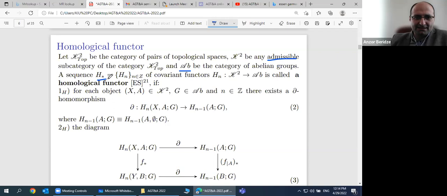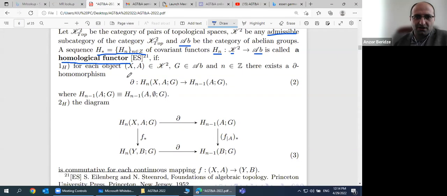If we take a sequence of abelian groups, where for each n, Hn is a covariant functor from our category to the category of abelian groups, then such a sequence is called a homological functor if we have the following: for each pair of topological spaces, for each abelian group, and for each integer, we have the delta homomorphism.